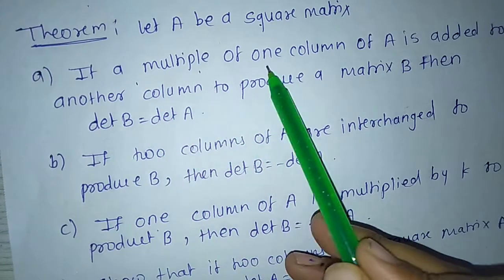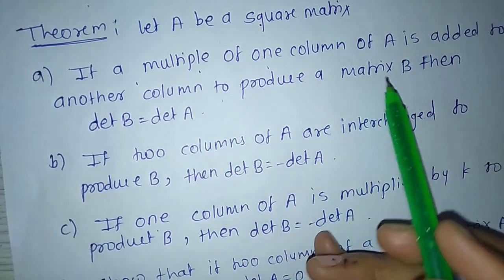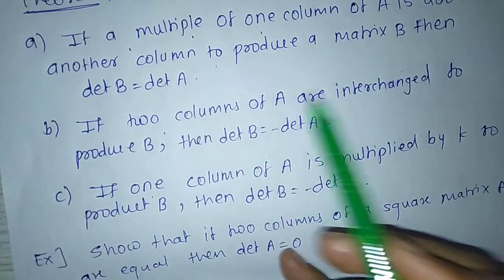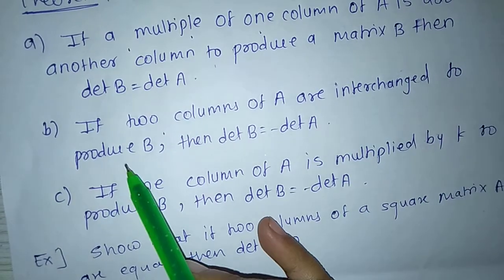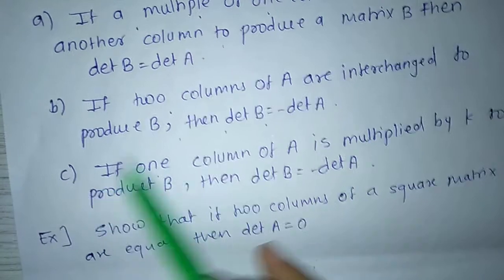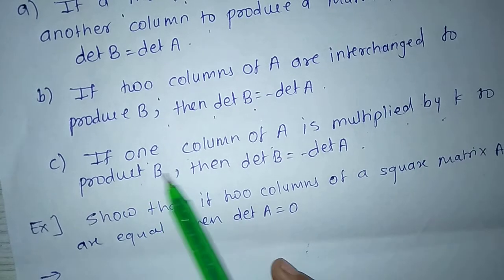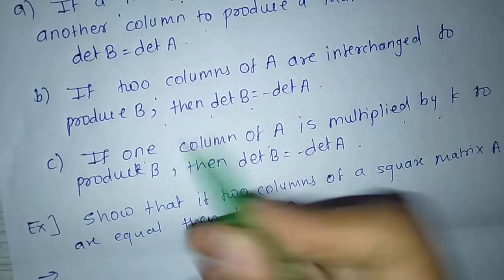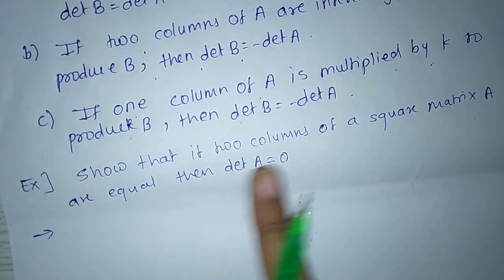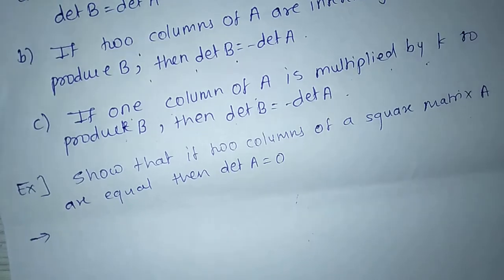First, if a multiple of one column of A is added to another column to produce a matrix B, then determinant of B equal to determinant of A. Next, if two columns of A are interchanged to produce B, then determinant of B equal to minus determinant of A. Next, if one column of A is multiplied by K to produce B, then determinant of B equal to K times determinant of A. Next example, show that if two columns of a square matrix A are equal, then determinant of A equal to 0.